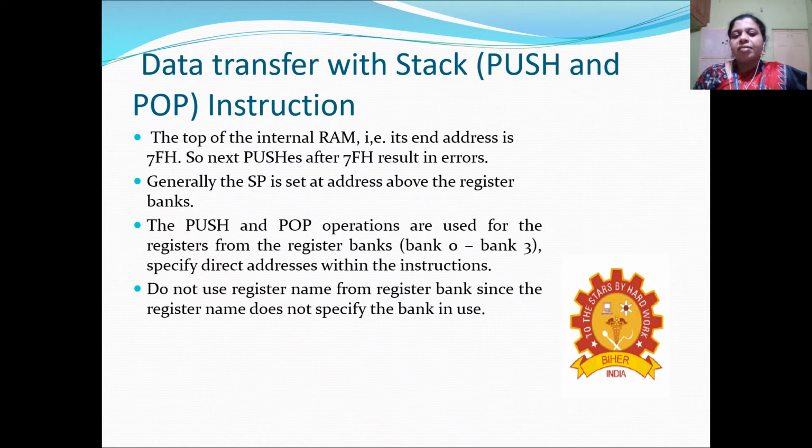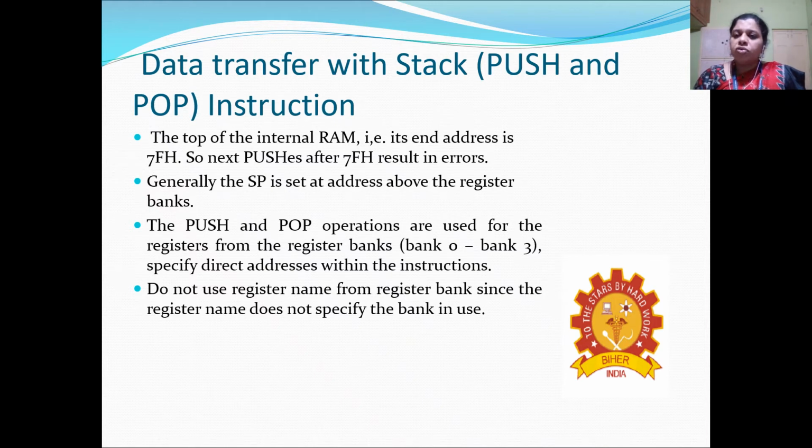And regarding the stack pointer, generally its address will be above the register banks. In 8051, we have 4 register banks. Each register bank will have 8 registers. So the stack pointer address is set above the register banks. And also we will be using the PUSH and POP instructions for the registers from these register banks.